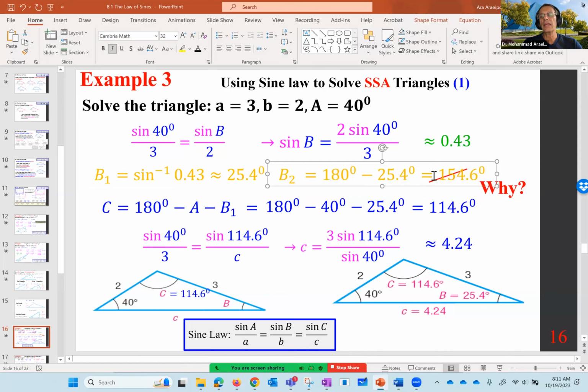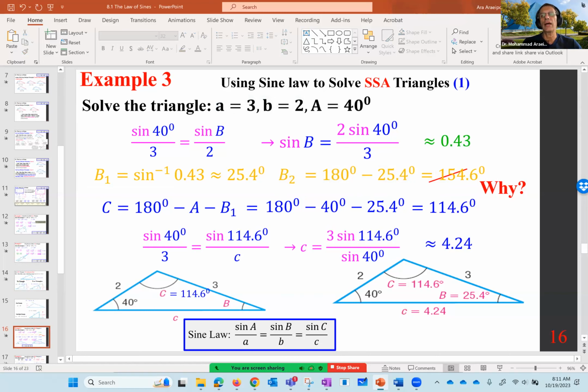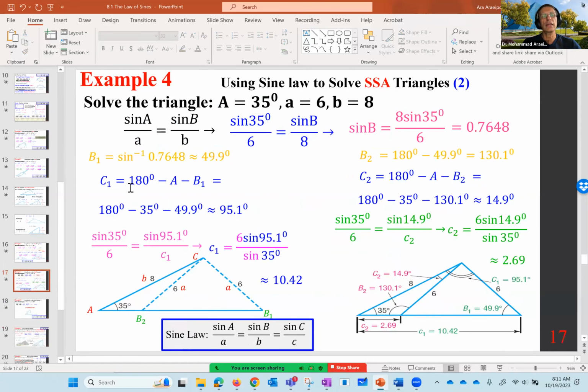Now, if the second angle added to the given angle is larger than 180, the second angle doesn't work. But if it's smaller than that, then we have two sets of solutions, as is the case here. When we go through the process, one of the angles is 49.9 degrees.